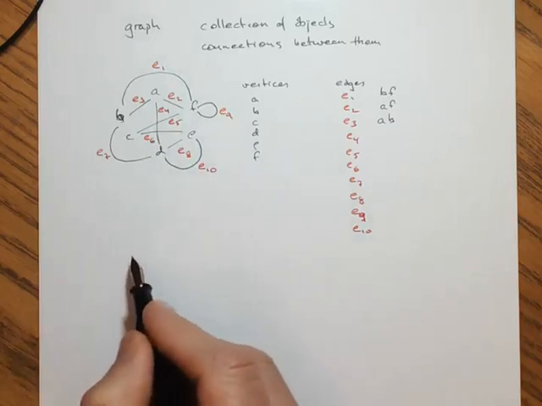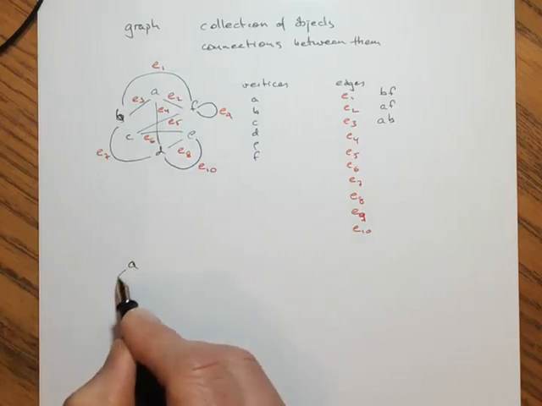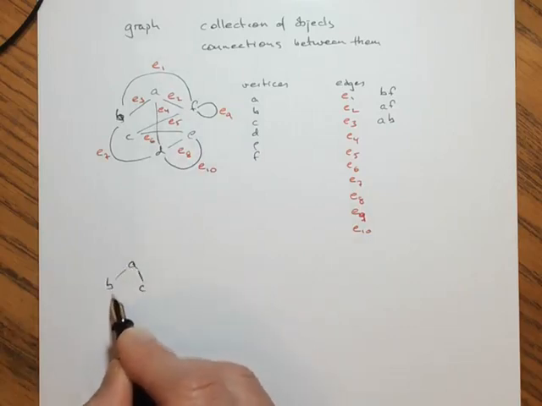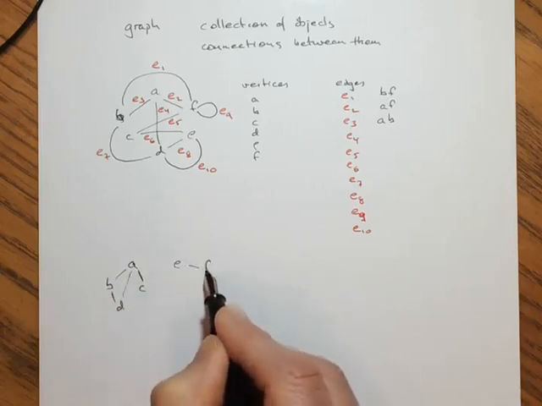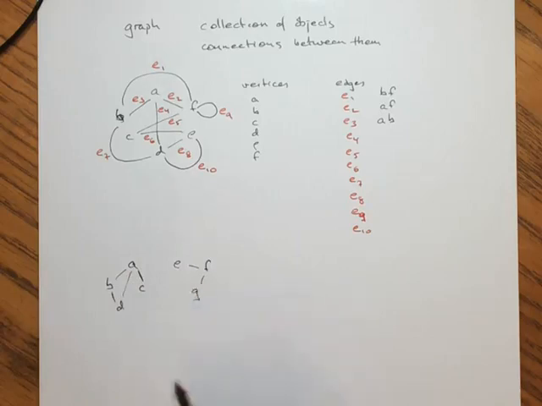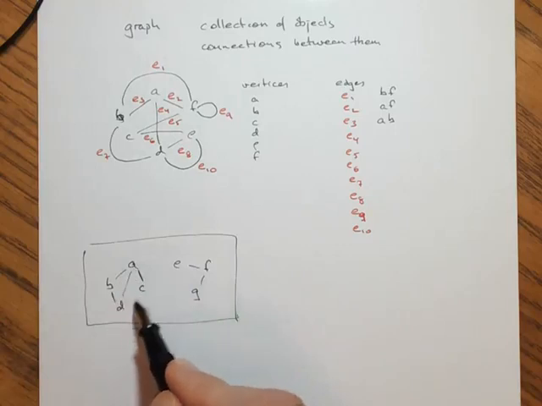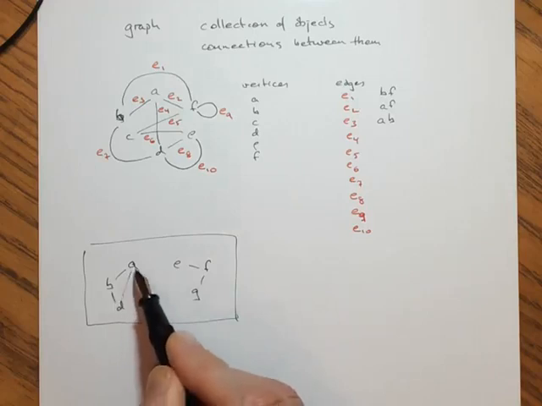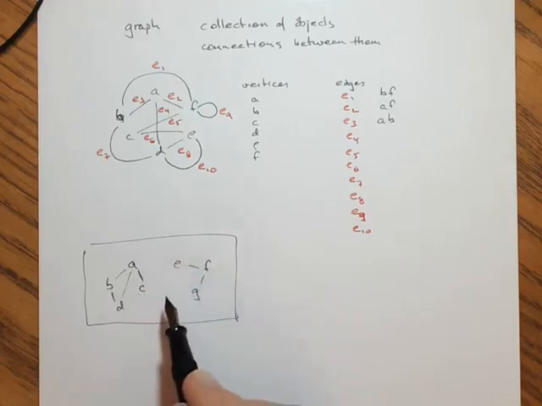But sometimes graphs come in pieces. So for example, we might have something like this: A, B, C, D, E, F, and G. So here's a graph where all the vertices are A, B, C, D, E, F, and G, and the edges are A D, B D, A C, E F, G F. So this is a single graph, but you can see that it comes in two pieces.